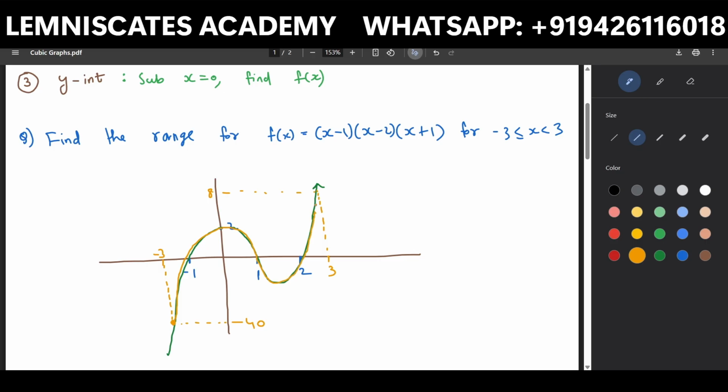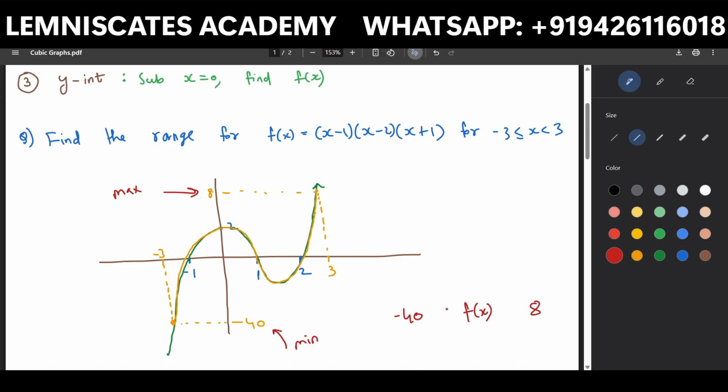Of course the graph may not be 100% accurate because we don't know where the turning points are, but the overall shape is correct. And in this case, what is the range? It's going to go in between -40 to 8. -40 is your minimum value and +8 is your maximum value. So in this case, your range will be -40 to 8.